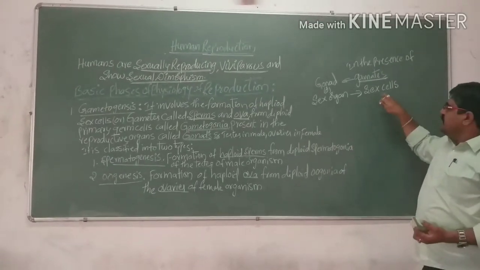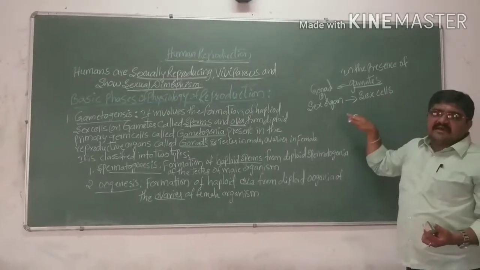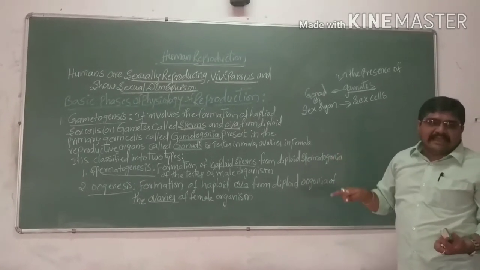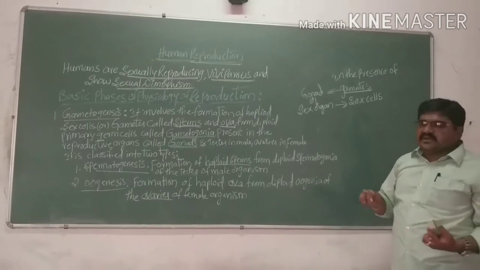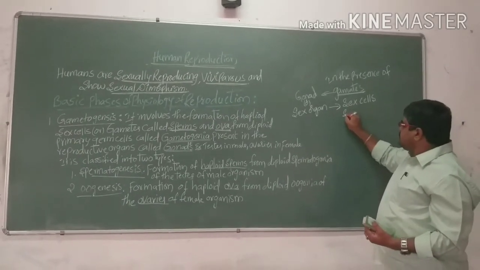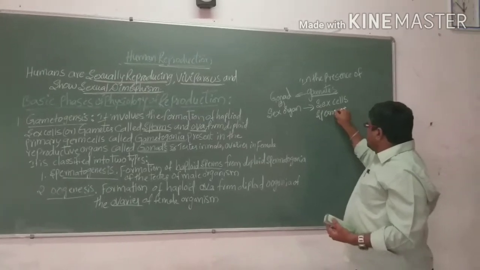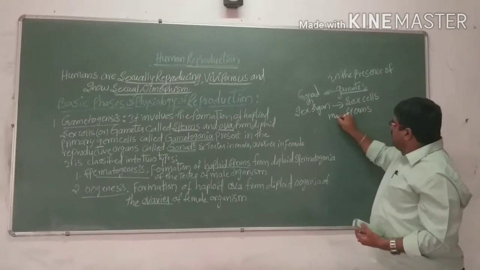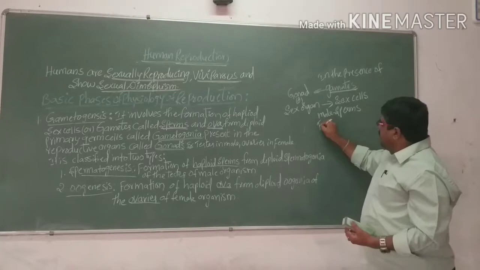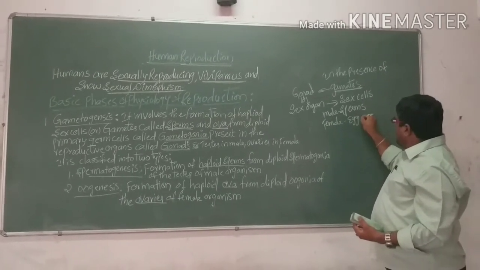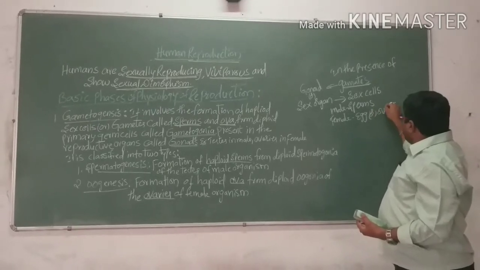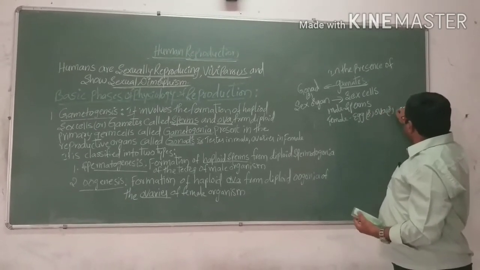In the presence of gametes, young ones are produced, the male containing the male gametes and the female containing the female gametes. Male gametes we call sperms, and female gametes are the egg or ova or ovum.